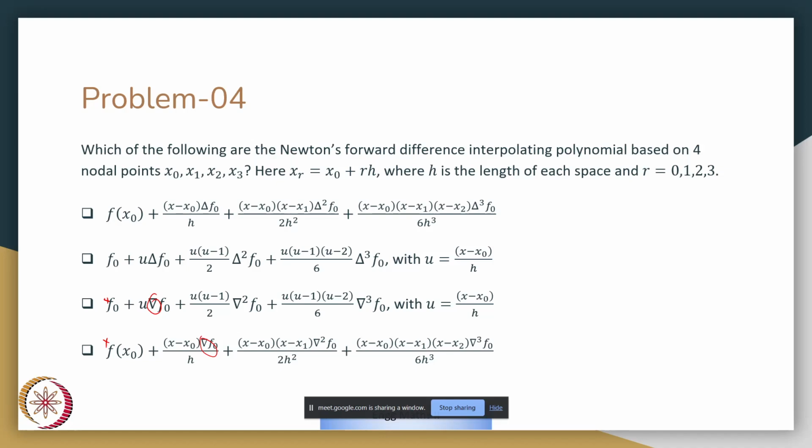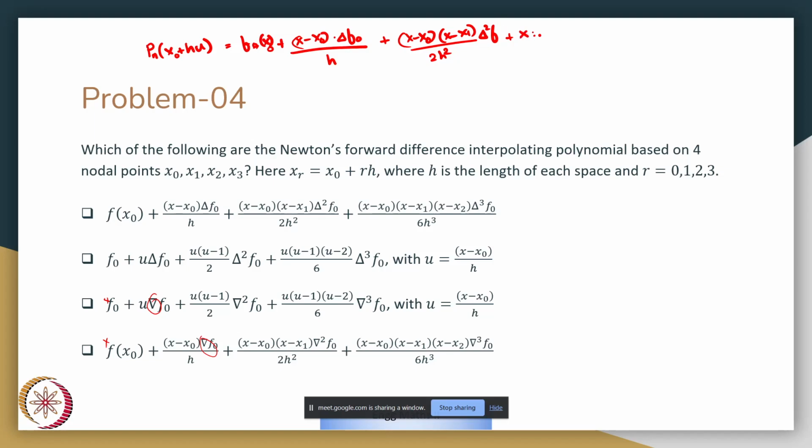For Newton's interpolating polynomial, we have the expression which is given as Pn of x equal to f naught of x plus (x minus x naught) times first difference about f naught over h, plus (x minus x naught)(x minus x1) by 2h square times second difference f naught, plus so on.